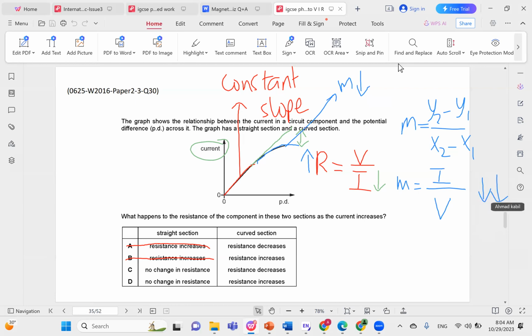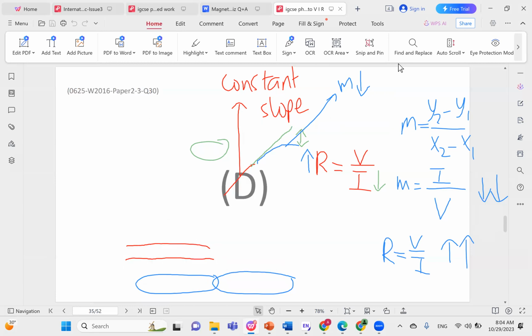But we want R, which is basically V over I. So it's the multiplicative inverse of that. So if the slope is decreasing, then R must be increasing as well. These are two different approaches to figure out that the resistance increases. And we said, of course, that in the straight line section, there is no change in resistance. So the correct choice here would be choice D. This is not an easy question, to be honest. I hope you understood.